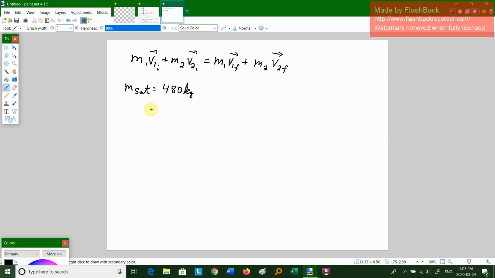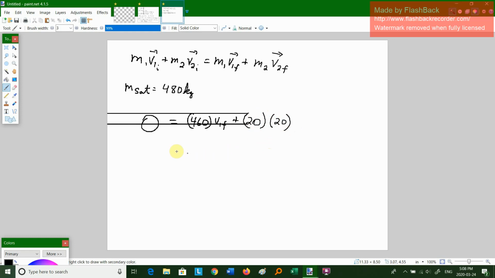So you take that as your starting point. The whole initial momentum is 0 because the satellite's not moving. After, the chunk is 20 kilograms, so you're going to be left with 460 kilograms, the majority of the satellite, hurtling one way, v1 final, plus the 20 kilogram payload times v2 final, let's say 20 meters per second.